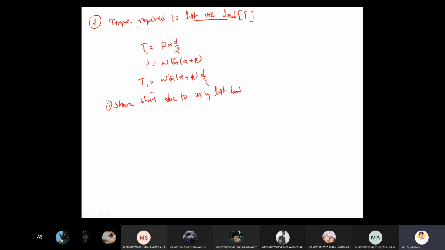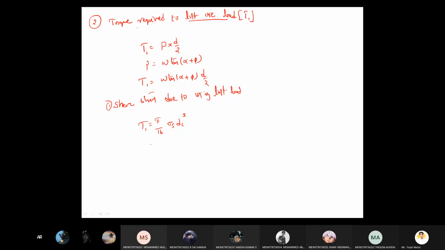In the screwed spindle portion, there may be shear stress due to this torque. How much is that? Here we consider the screwed spindle as a solid circular shaft. The torque transmitted by the shaft equation, which we already discussed in the design of shaft, is T = pi by 16 into sigma s into Dc cubed.